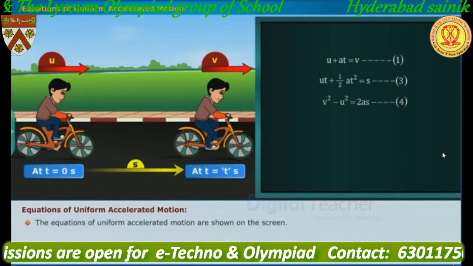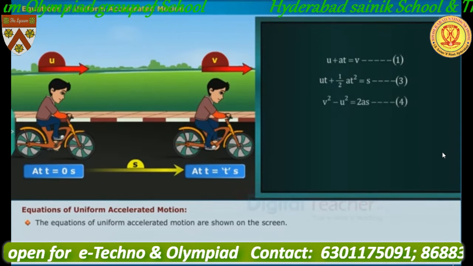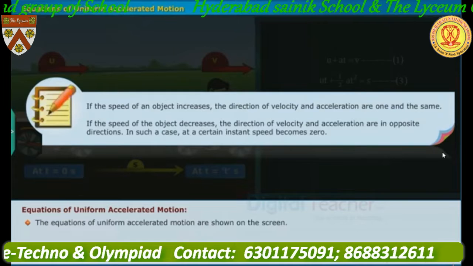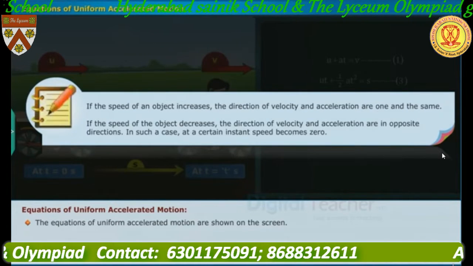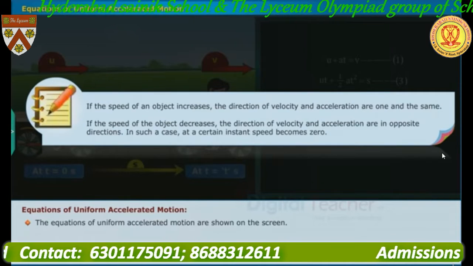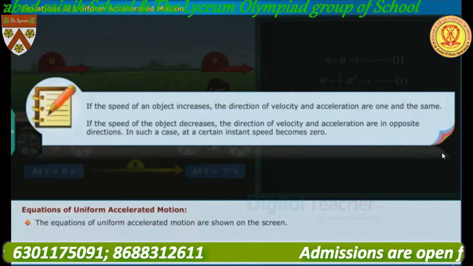The equations of uniform accelerated motion are shown on the screen. Note, if the speed of an object increases, the direction of velocity and acceleration are one and the same. If the speed of the object decreases, the direction of velocity and acceleration are in opposite directions.